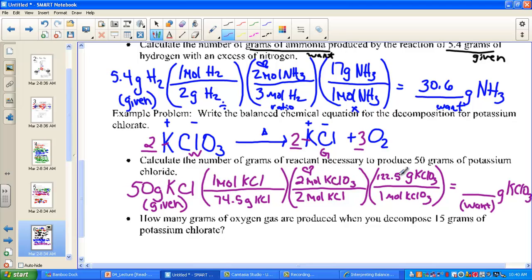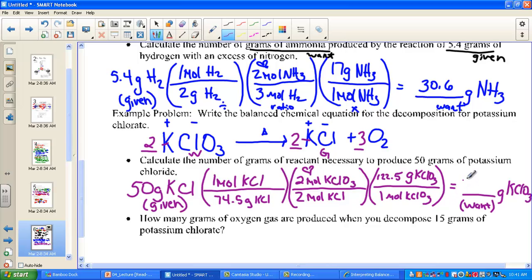Now, let's start with our given quantity. We'll divide, we'll ratio, we'll multiply, and work towards the grams of what we want. 50 times the ratio of 1 divided by 74.5 times the ratio of 2 over 2 times the ratio of 122.5 over 1.